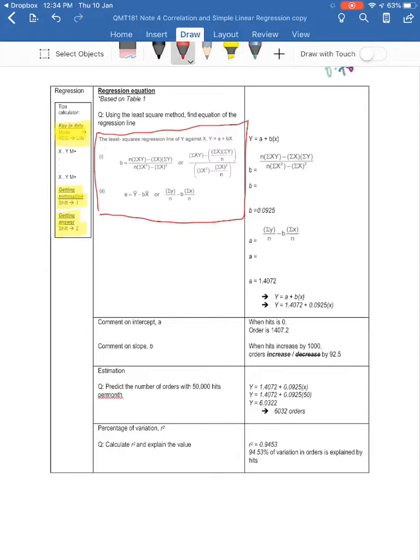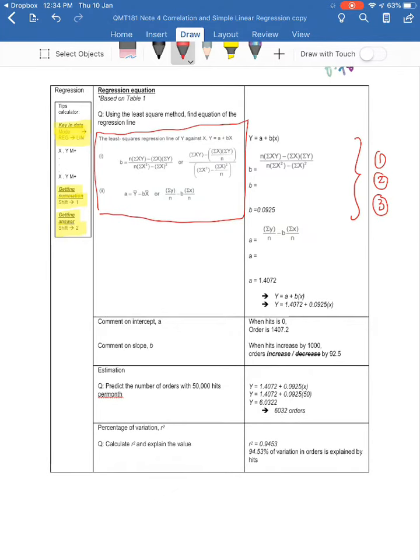And again, the way you answer the question is by 3 steps. The first step is to copy the formula given. Number 2 is to fill up the summation for each one of this. Okay, and the answer. There are 3 steps to answer the question, and you will get the slope.